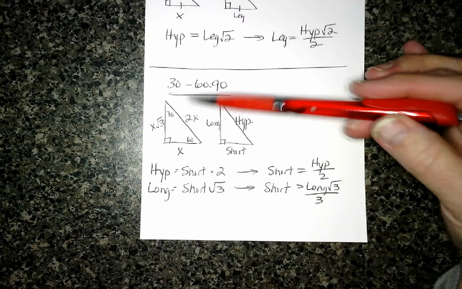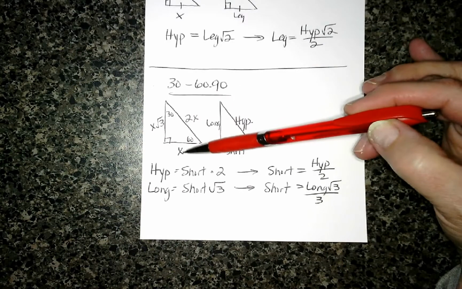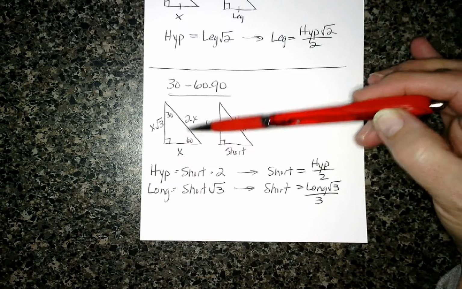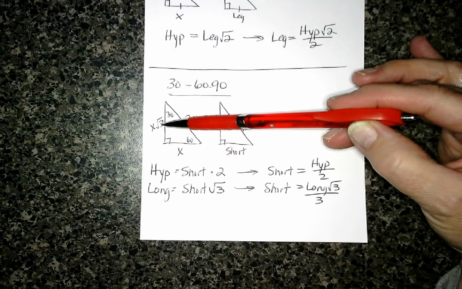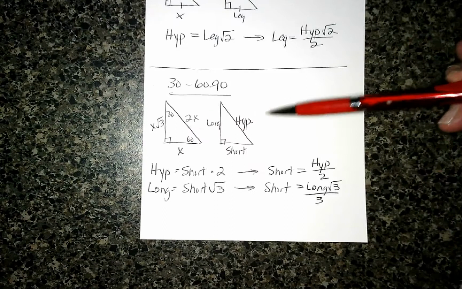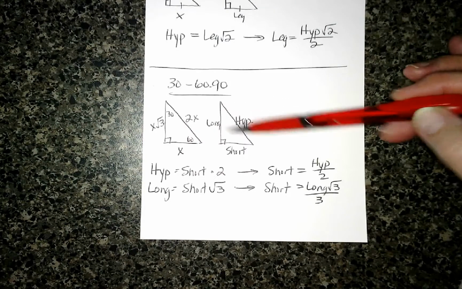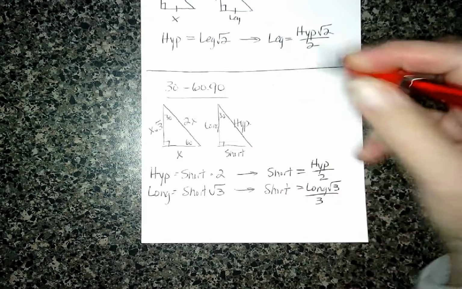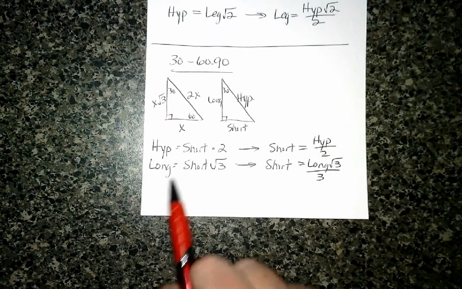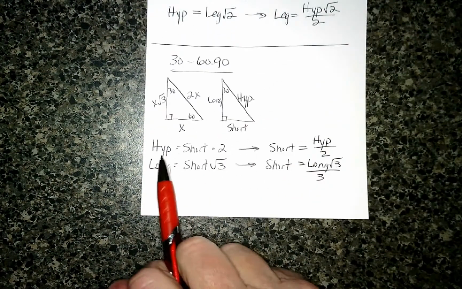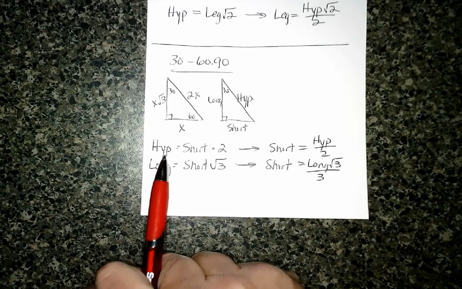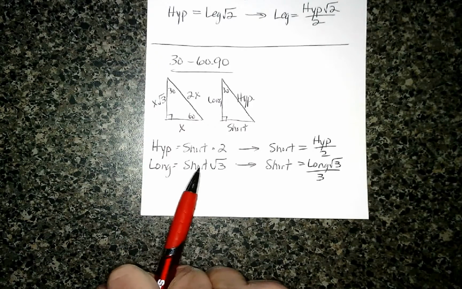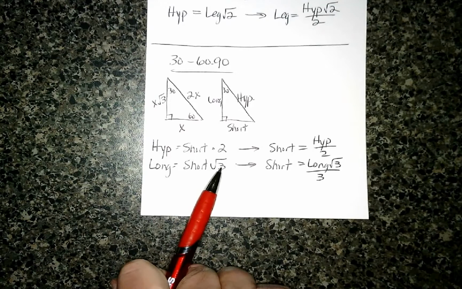So on a 30, 60, 90, here are the relationships dealing with x. The short leg is x, the hypotenuse is 2x, and the long leg is x square root 3. Here's the relationship in words: the short leg, the long leg, and the hypotenuse. The hypotenuse is the short leg times 2, and the long leg is the short leg times square root of 3.